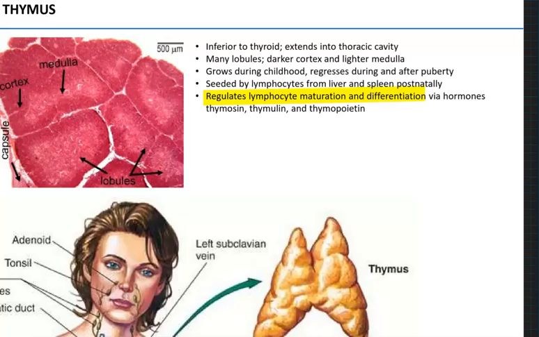Okay? Just a trivia piece, the Nobel Prize this year was tangentially given for the study of the thymus. It was given for the discovery of the mechanism of certain autoimmune disorders. Okay? FOXP3 transcription factors and lymphocyte maturation.